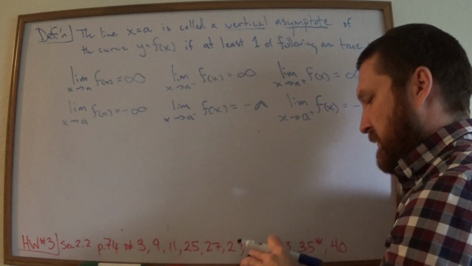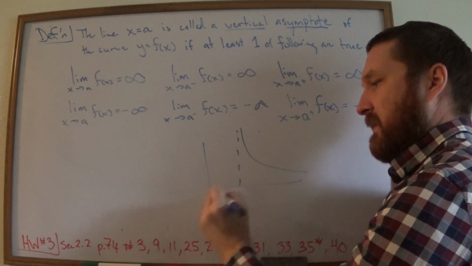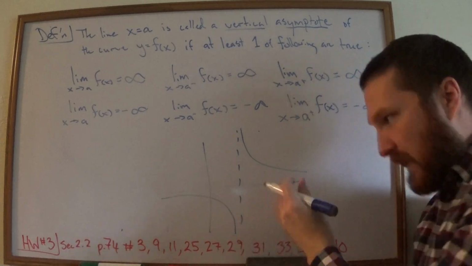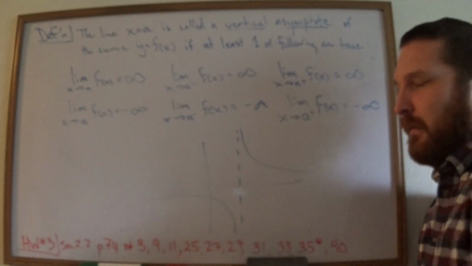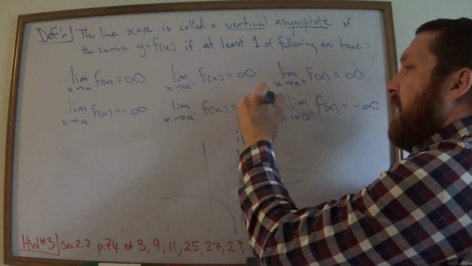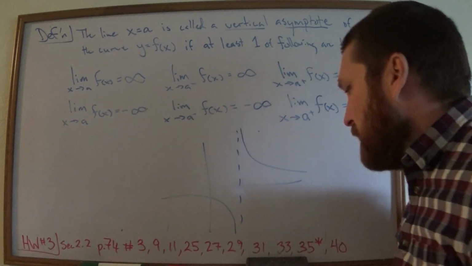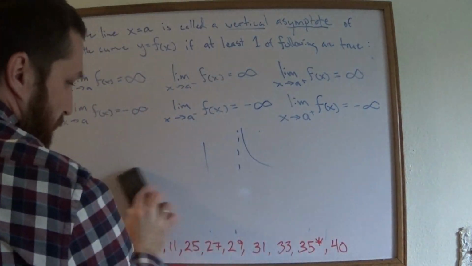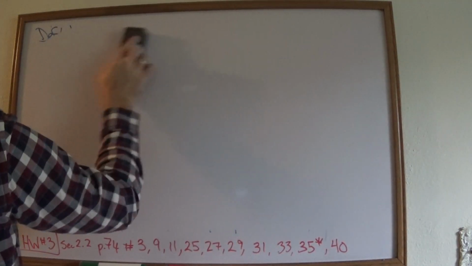Vertical asymptotes were the ones that are vertical lines, and the values get arbitrarily close to that line and go up forever, basically. But this is nice because now we have this nifty definition of a vertical asymptote. Okay, so now we have all of our definitions.